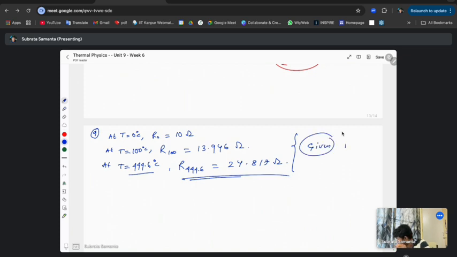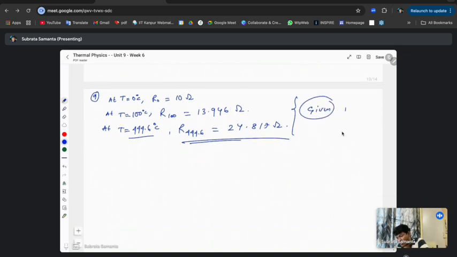And they follow the equation: at any temperature, the resistance R_T is R0 times (1 plus alpha T plus beta T squared). So how many constants are there? R0, alpha, beta, three constants.